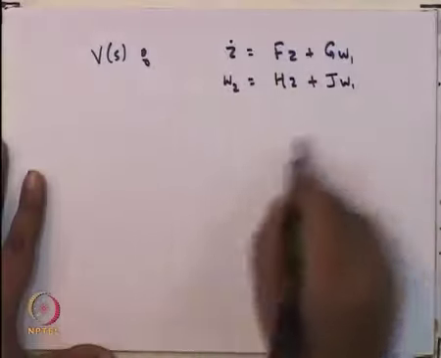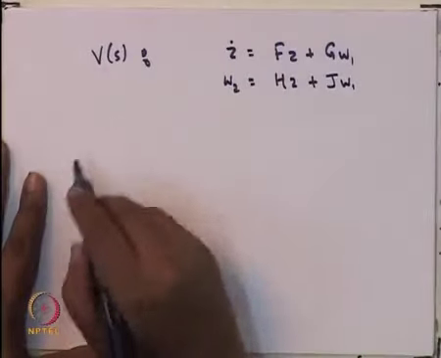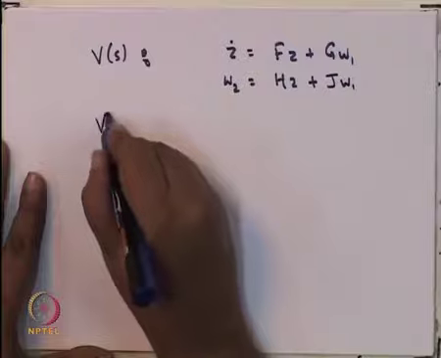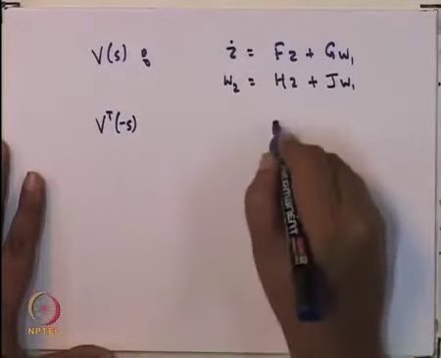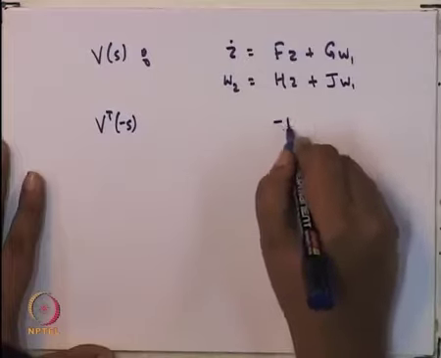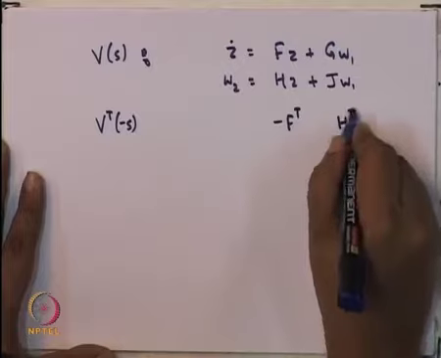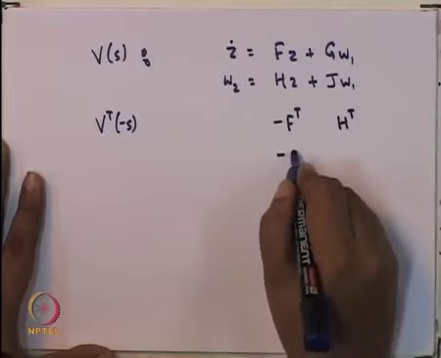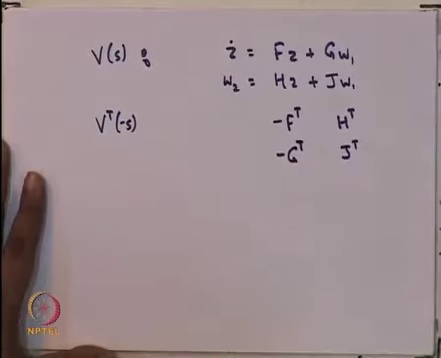If this is the state representation for V of S, then V transpose minus S has a state representation where the matrices involved will be minus F transpose here, H transpose here, minus G transpose here, and J transpose here.